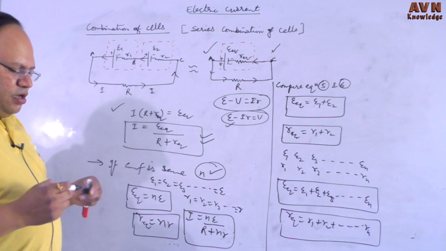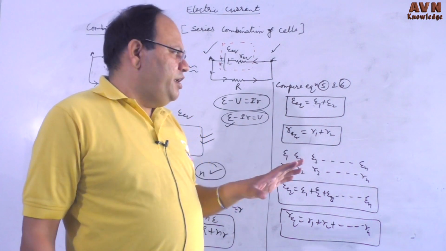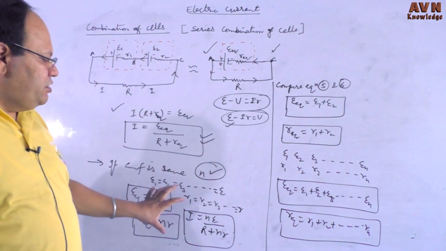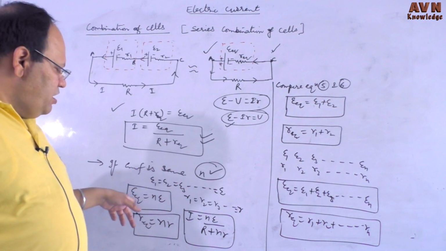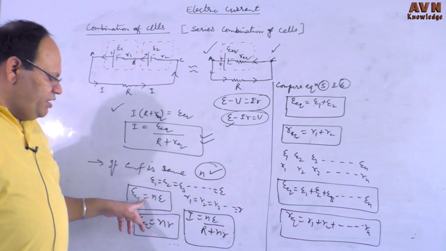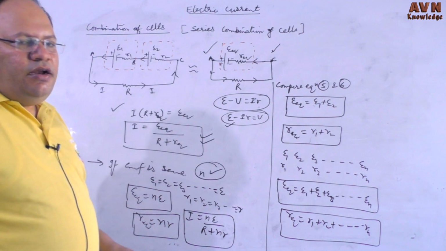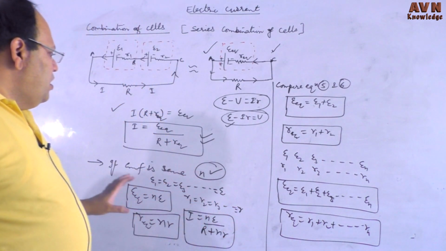That is the I. When cells with the same EMF and same internal resistance are connected in series, the EMF will be N into E, the internal resistance will be N into r, and the current will be NE upon R plus N r.